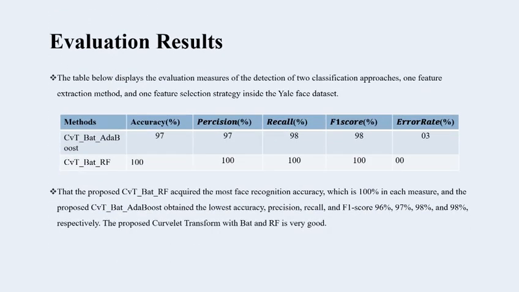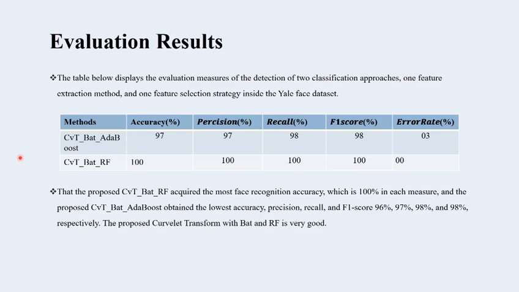Evaluation result. The table below displays the evaluation measures of the detection of two classification approaches, with one feature selection and one feature extraction. In proposed 1, curvelet transform with path optimization but with AdaBoost: accuracy 97, precision 97, recall 98, F1 score 98, so the error rate is 3.